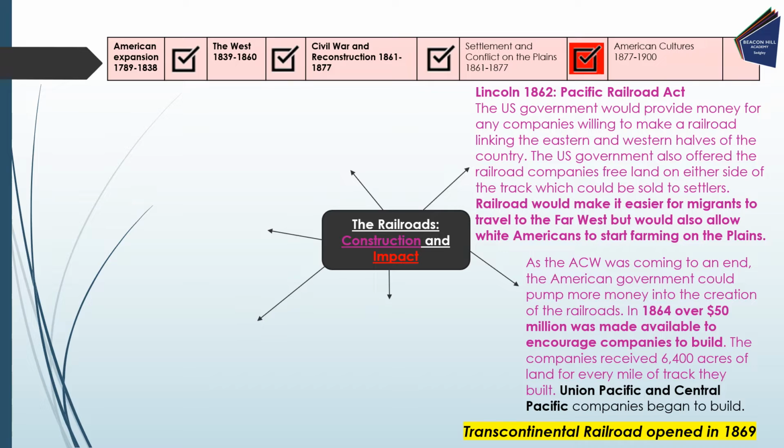And then we have the Union Pacific and the Central Pacific companies, who are the companies who get the contract to begin to build. So again, it would be good, those of us going for 7s, 8s and 9s, to know the statistics here if we were talking about railroad construction for how much land the companies received, and that would enable them to make a lot more money. So as we said, a huge incentive.